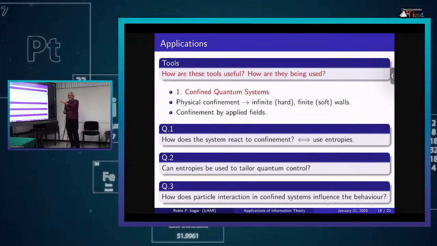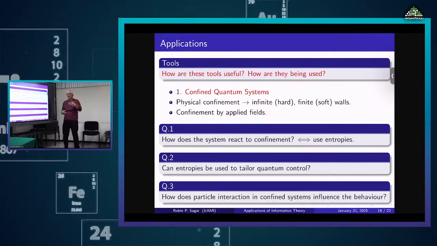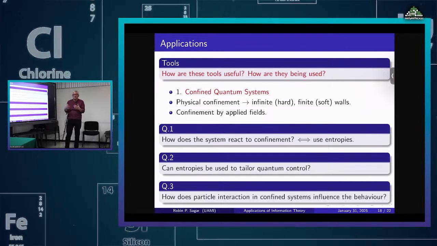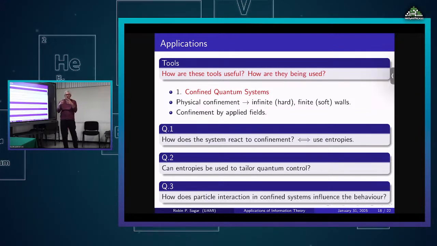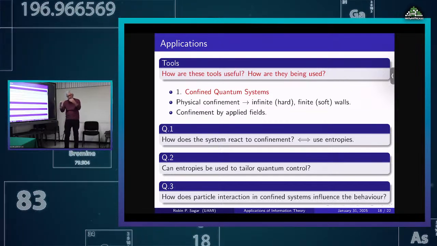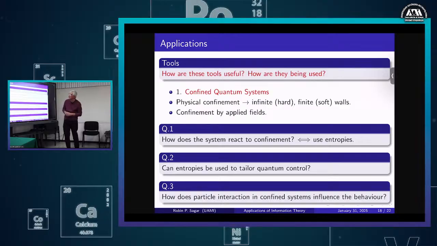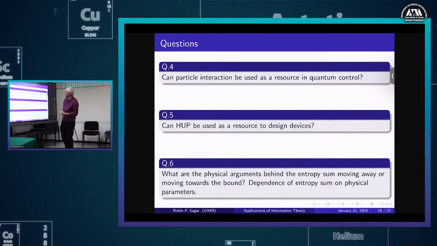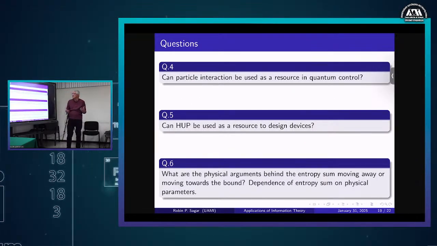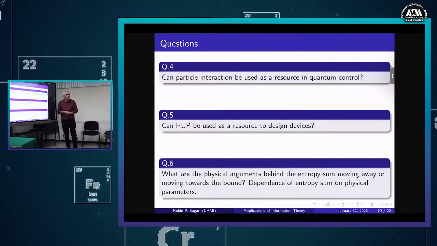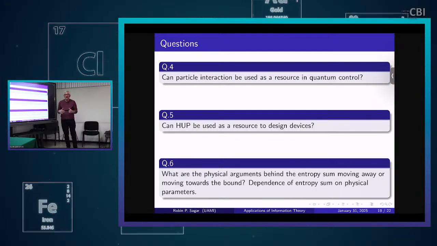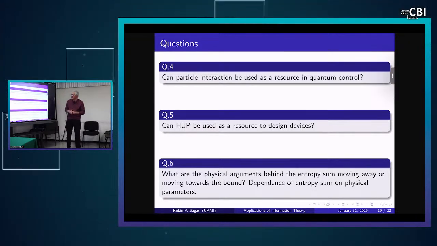I think you're starting to see this because we saw some talks today where people are going beyond one-particle systems to more particles. Can particle interaction be used as a resource in quantum control? Again, I don't have the answer, I'm just asking.